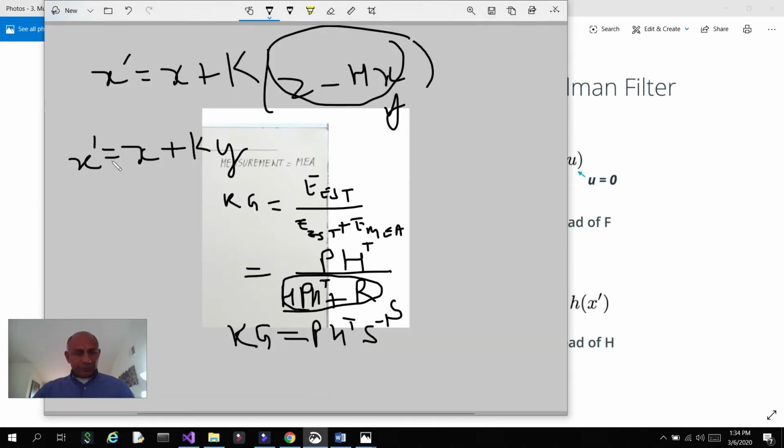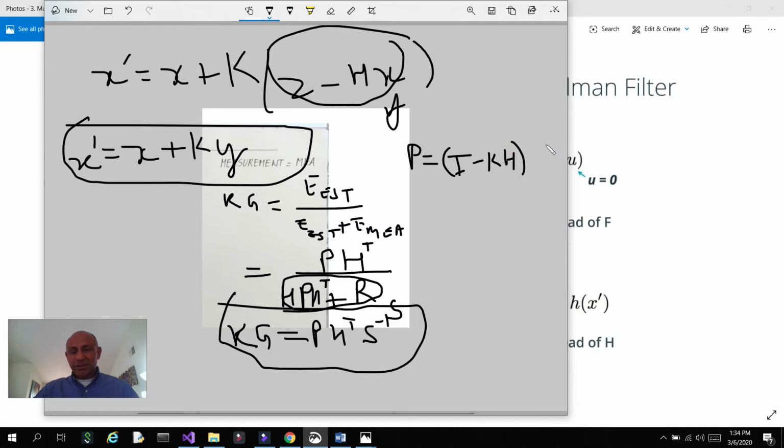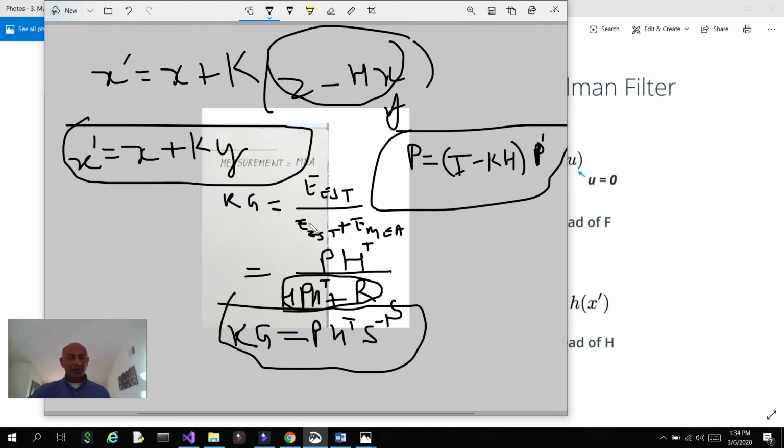So we have one equation is this, one equation is this. This is Kalman gain, this is the new estimate, and the new error estimate is p equals I, which is my identity matrix corresponding to 1, minus kh, where h again is the measurement matrix, times p. So I think this is wonderful. We have 3 update equations.